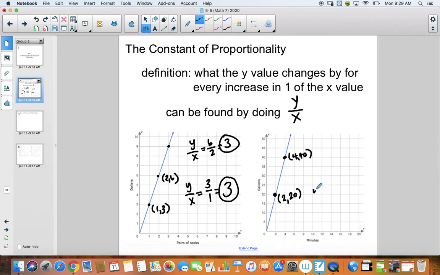And then same deal. I'm doing y over x. So my y coordinate is 20. My x coordinate is 2. So that gets us 10. So the constant of proportionality for this graph is 10. Or you can say for every minute, you'd use 10 gallons of whatever it is they're talking about.